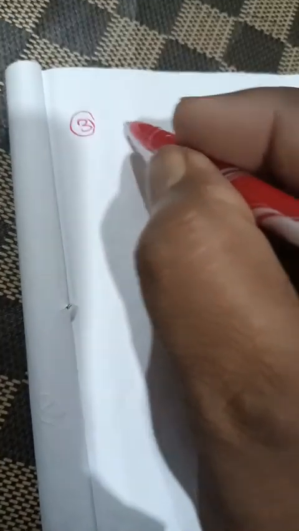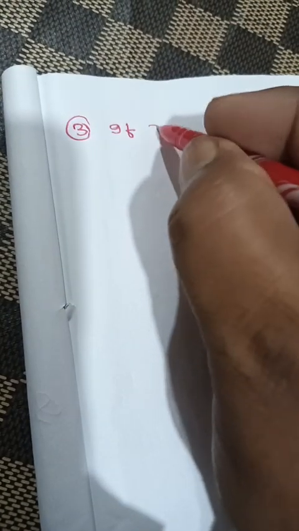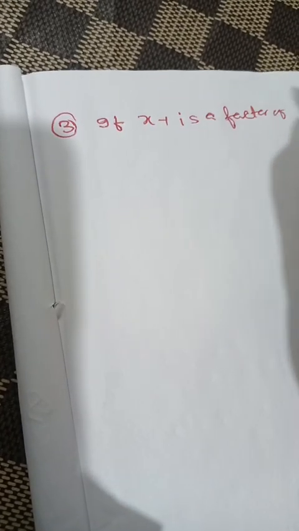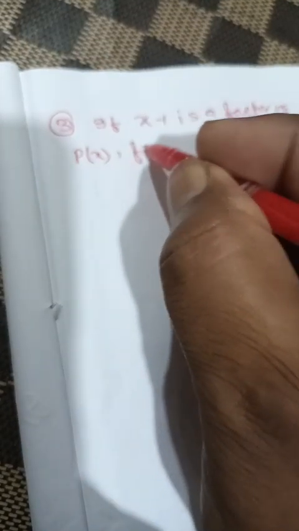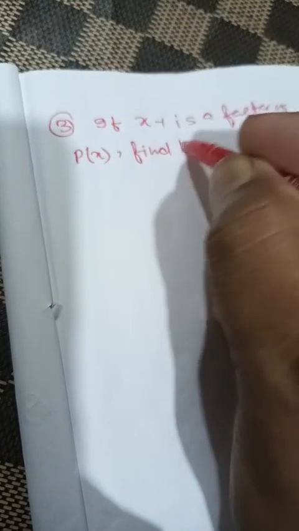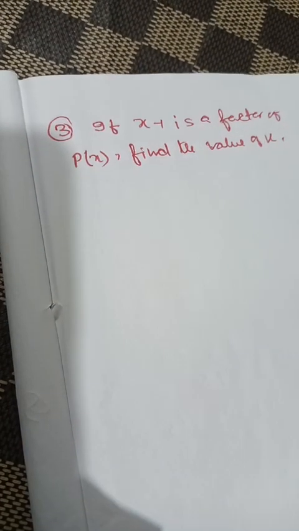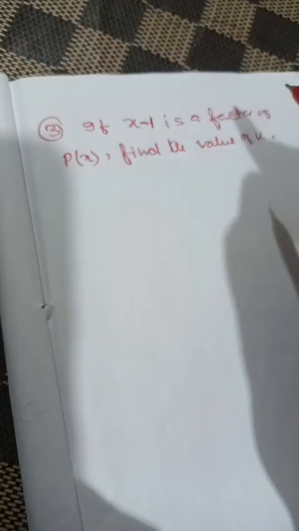Question number 3 is given: if x minus 1 is a factor of p(x), find the value of k. You remember this part is common for all the questions of question number 3.